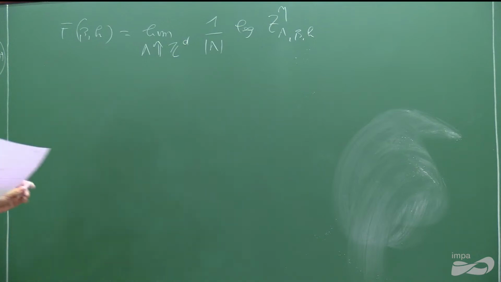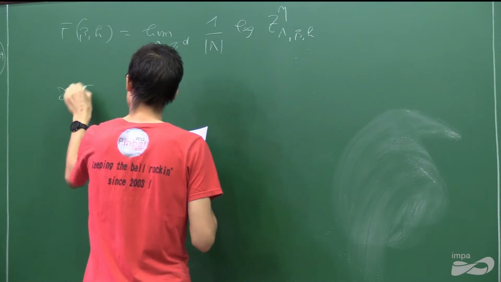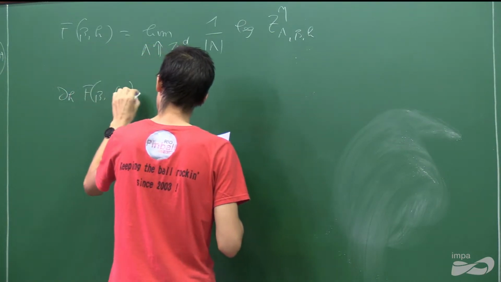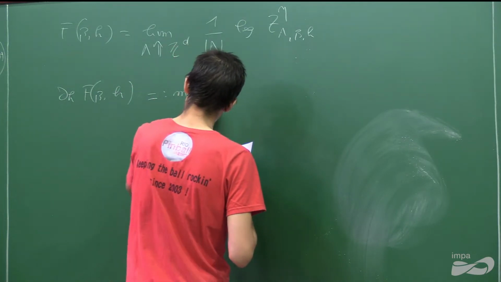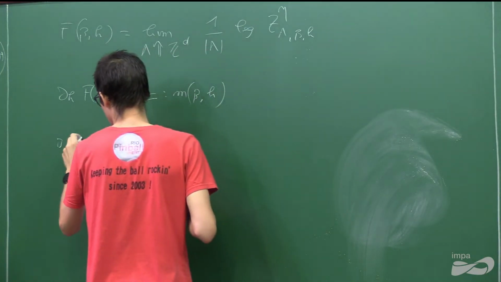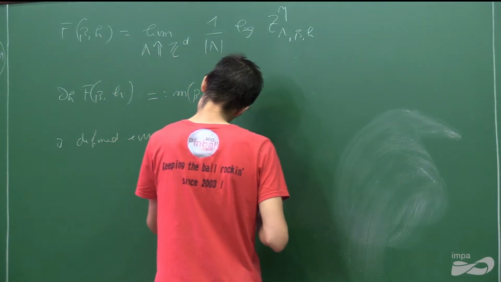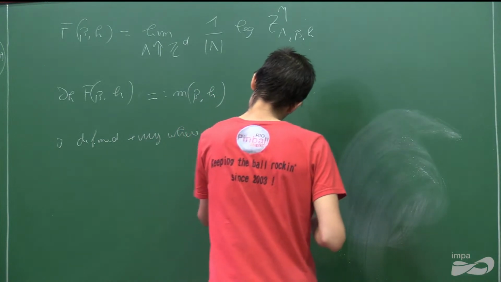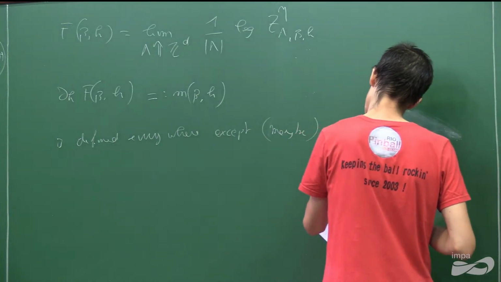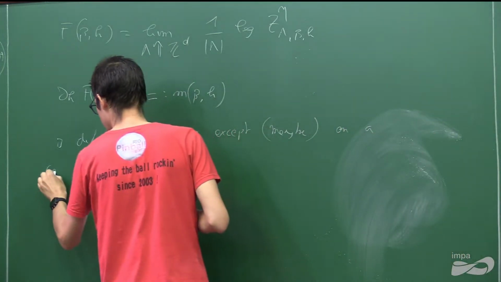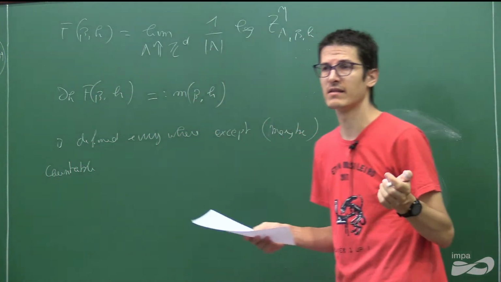So in particular, the derivative with respect to h, which we call m(beta,h), is defined everywhere except maybe on a countable set. When I say countable, this means countable or finite.